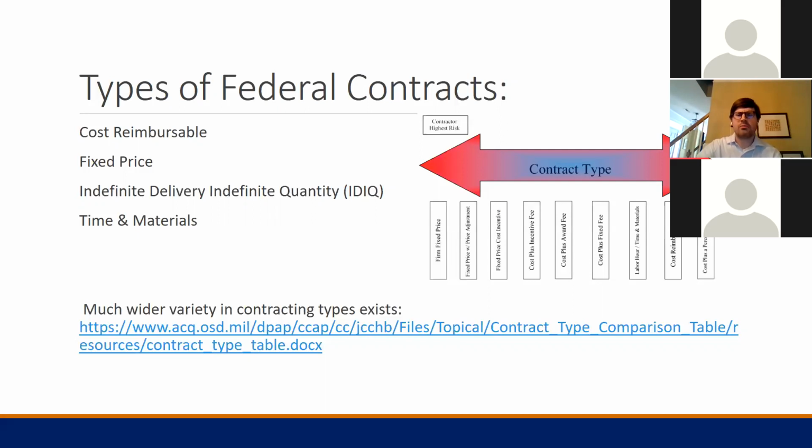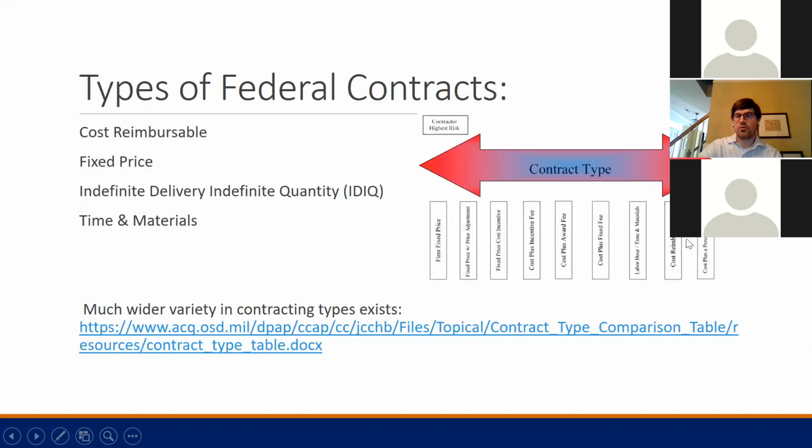The other point that I want to make is in terms of the contract risk, and we'll get into this when we look at each one individually, but I think it's interesting when you consider that the risk to the contractor is highest in a firm fixed price contract, as contrasted to the government's risk under a cost reimbursement.